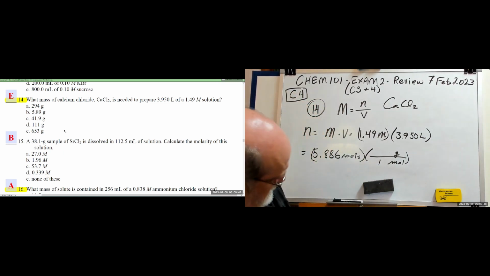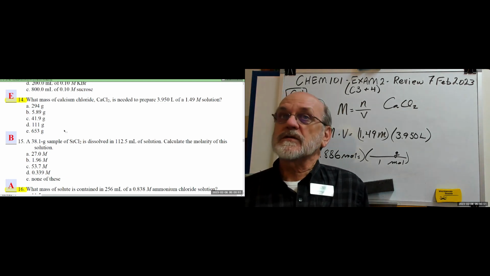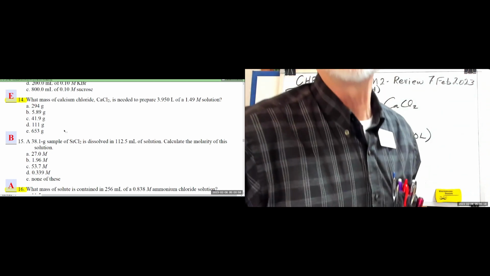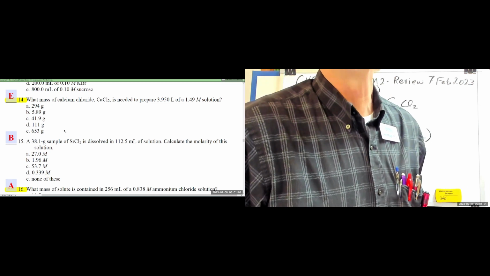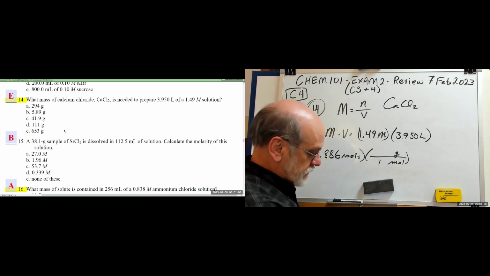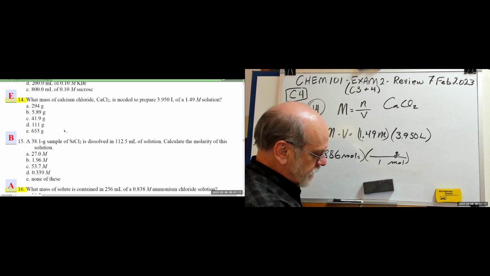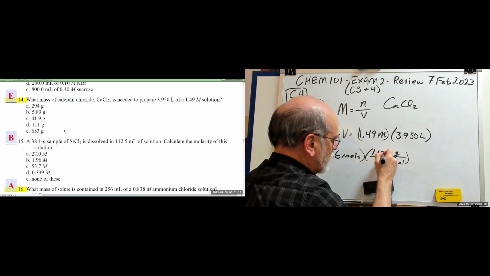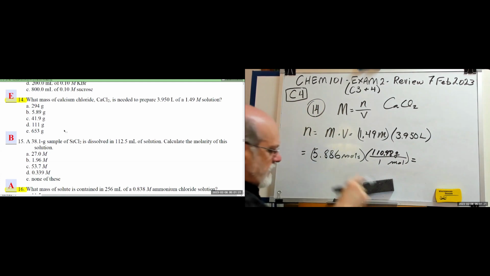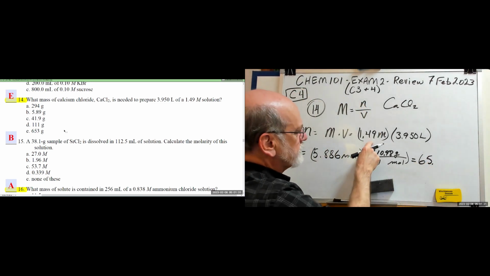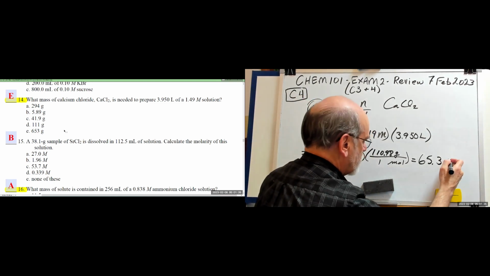Calcium is 40.08, and then 2 times 35.45 for chlorine, which is 70.90, so 110.98 total. Then 110.98 times that value, which is 65 point, let's see, we have 3 significant figures, 65.3 grams.